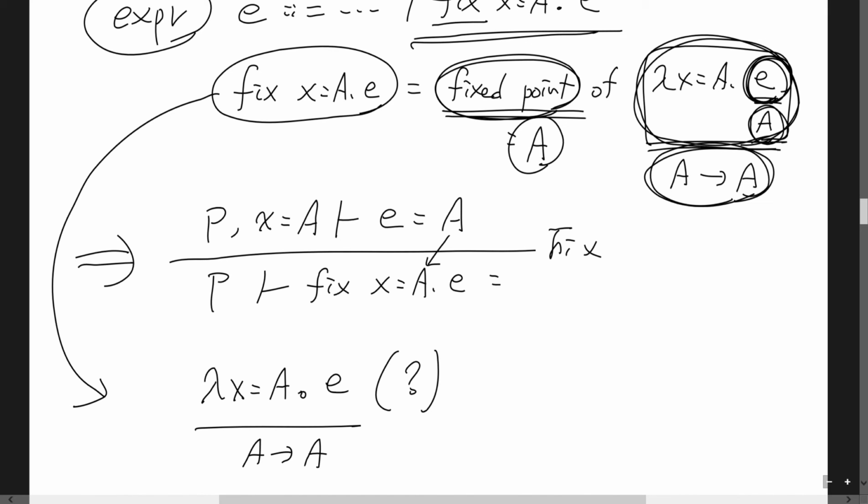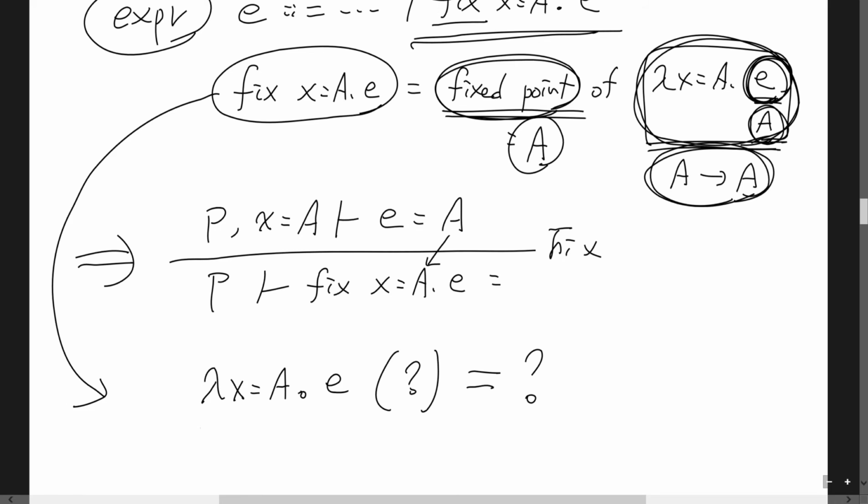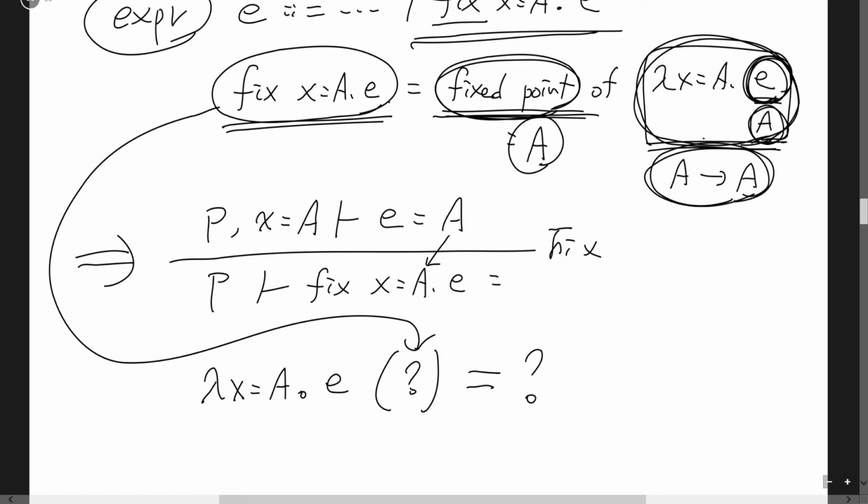Then from the very definition of a fixed point, we are going to have this informal equality. That's the notion of the fixed point construct. Now, this fixed point construct is intended as a fixed point of this lambda abstraction, so we can substitute this one over here, and then we will get it back again.